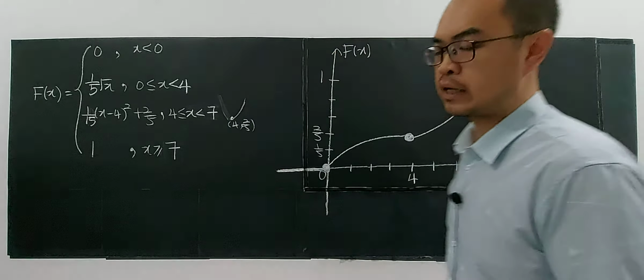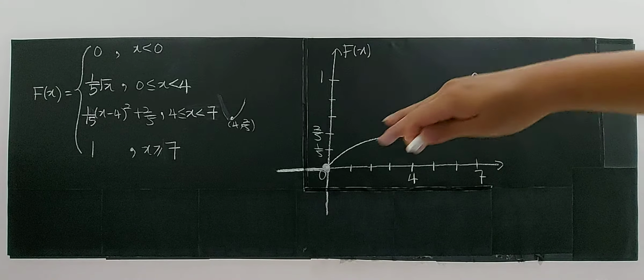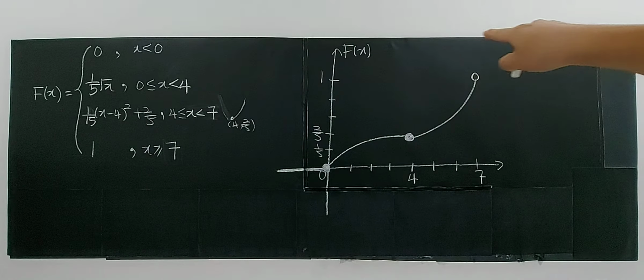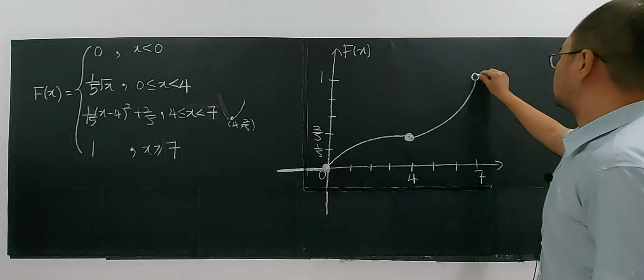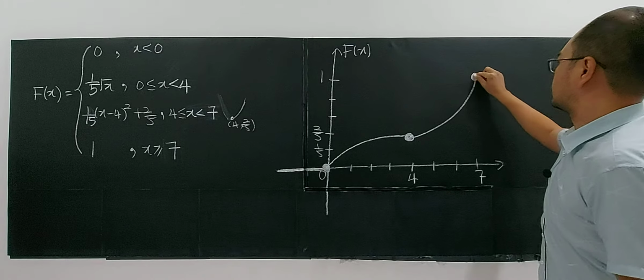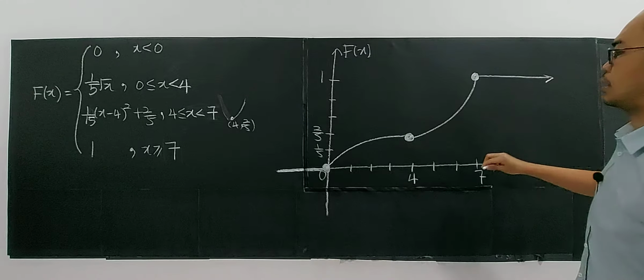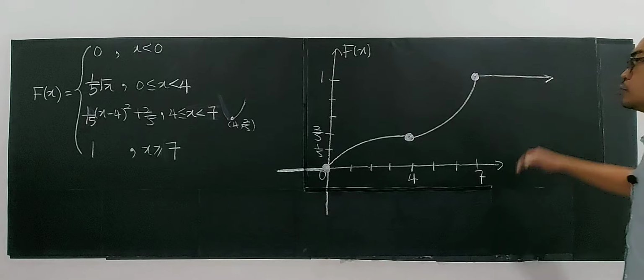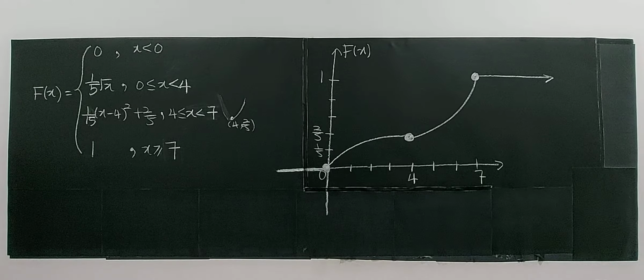After 7 you are getting 1, so it goes in a horizontal line. Starting from 0, adding up the probability, at last it reaches 1. So this is the shape.